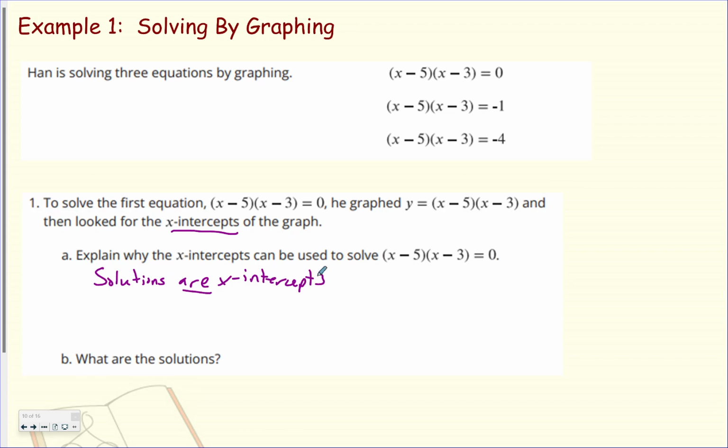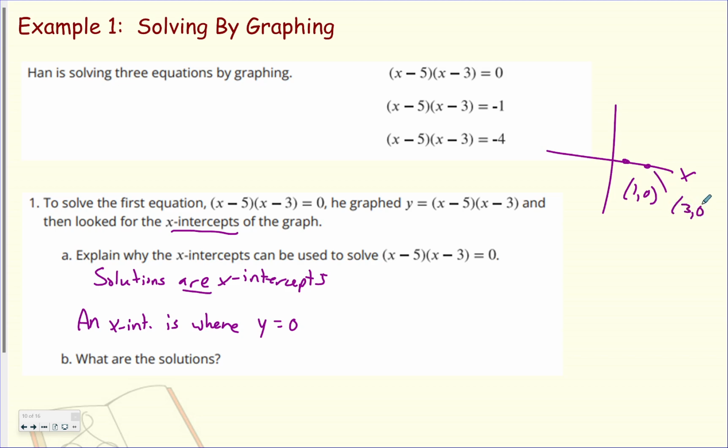An x-intercept is defined as where the function y equals 0. And we know that because x-intercepts sit on the x-axis, right? And so any point along this axis is going to be like 1 comma 0 or 3 comma 0 or negative 4 comma 0. Points like that.